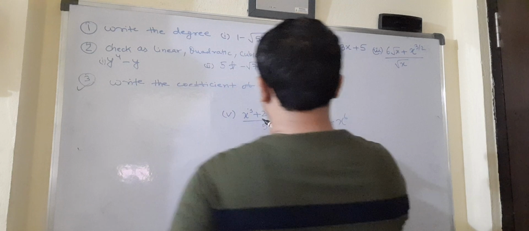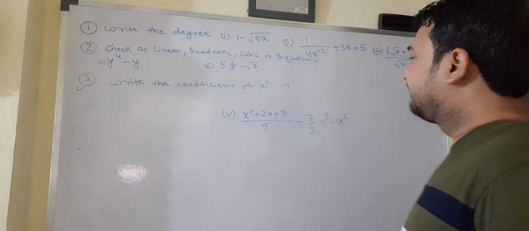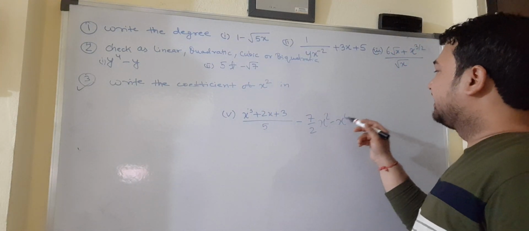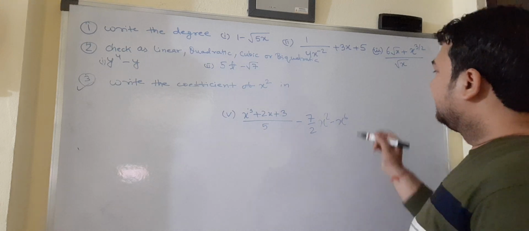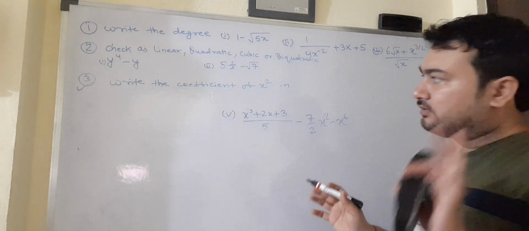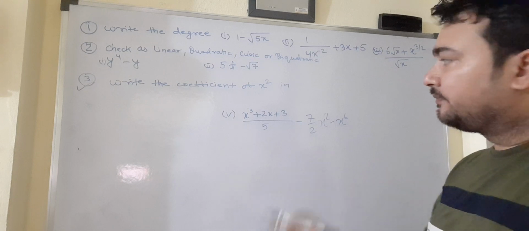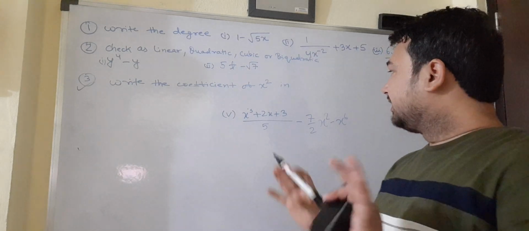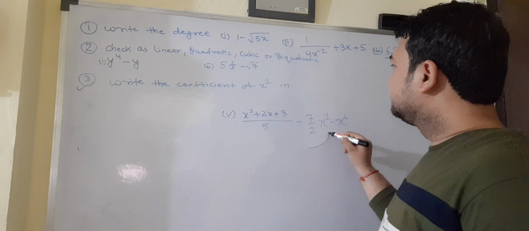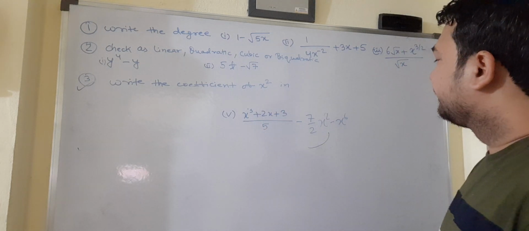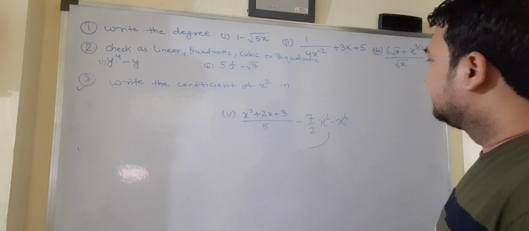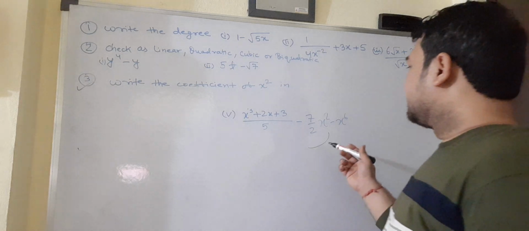Next, x cube plus 2x plus 3 divided by 5 minus 7 by 2 x square minus x to the power 6. x to the power 6 we are not bothered about. x to the power 3 we are not bothered about. x we are not bothered about. We have to find out the coefficient of x square, which is obviously visible to us.